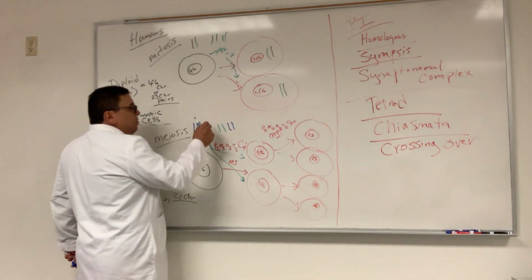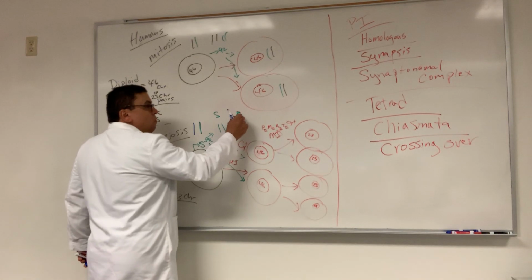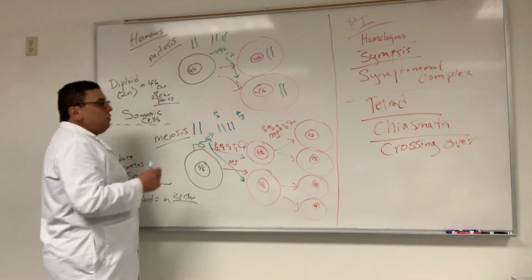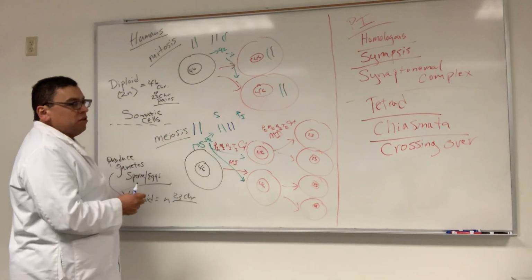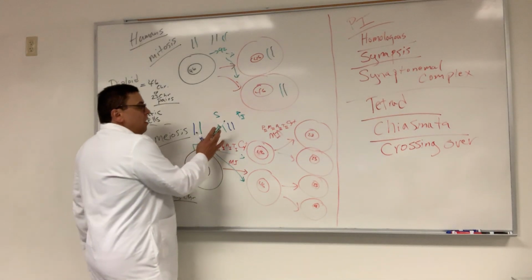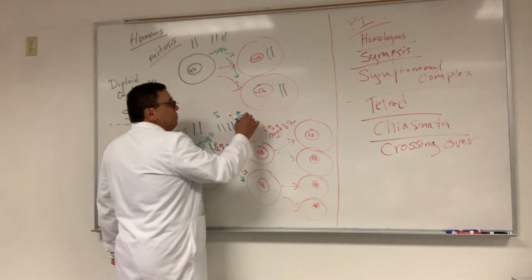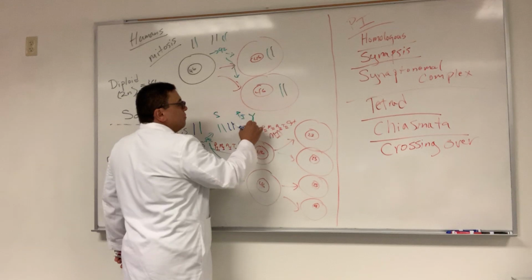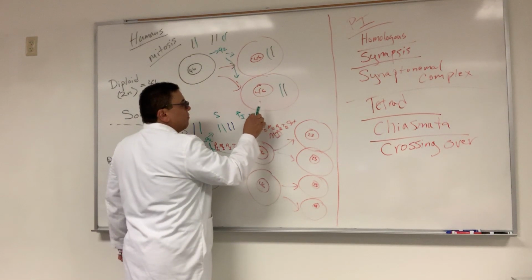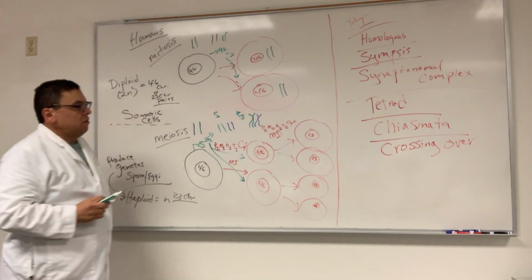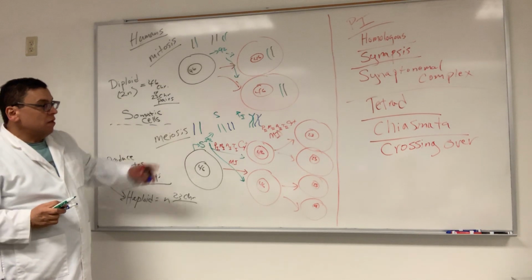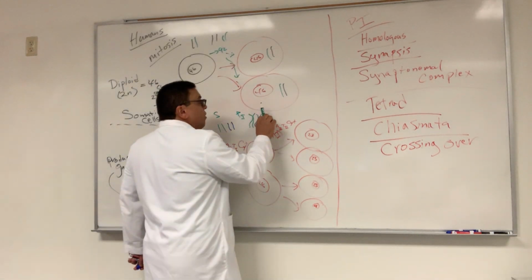And then you're going to get into prophase 1. Look what happens in prophase 1. A whole bunch of things happen. All 4 of these come together. That's in prophase 1. And then a chiasmata forms.